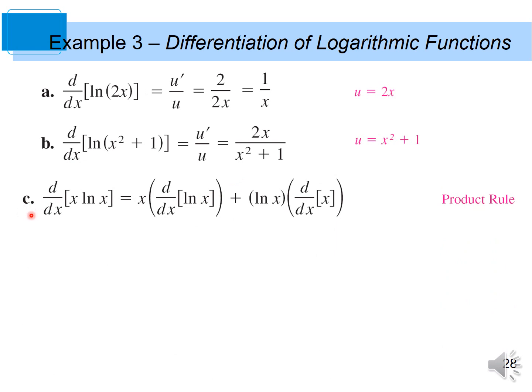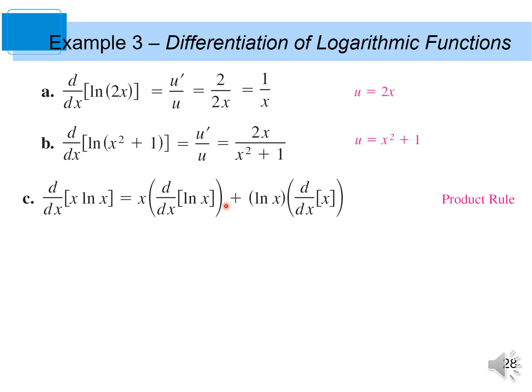For c, differentiate x times natural log of x with respect to x. So look at this function. This function is in product form. So the main rule is product rule. So we differentiate the second function times the first function plus differentiate the first function times second function. So in the first term here, for this part, differentiate natural log of x with respect to x.